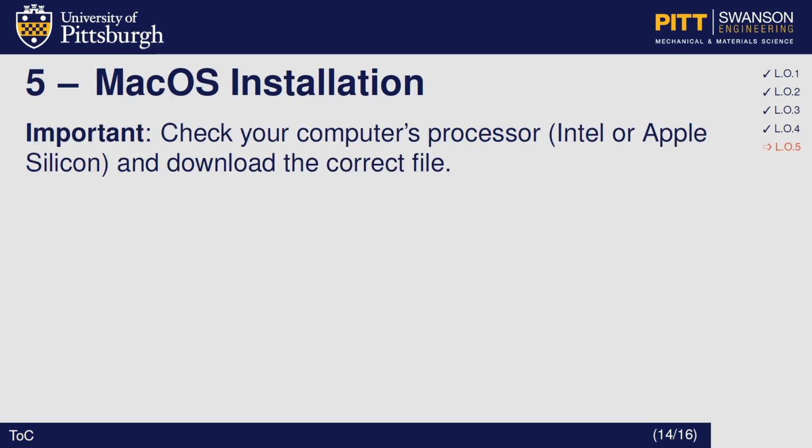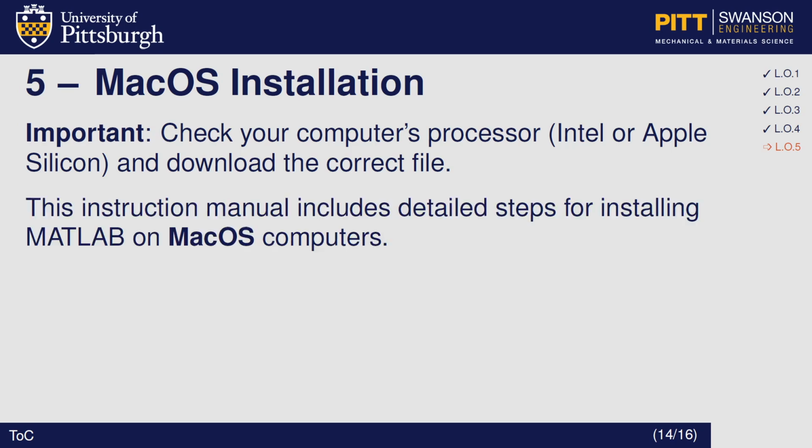For Mac OS, before we move on with the actual instructions, you must check whether your computer has an Intel or an Apple Silicon processor and download the correct installer from MathWorks. They are different.